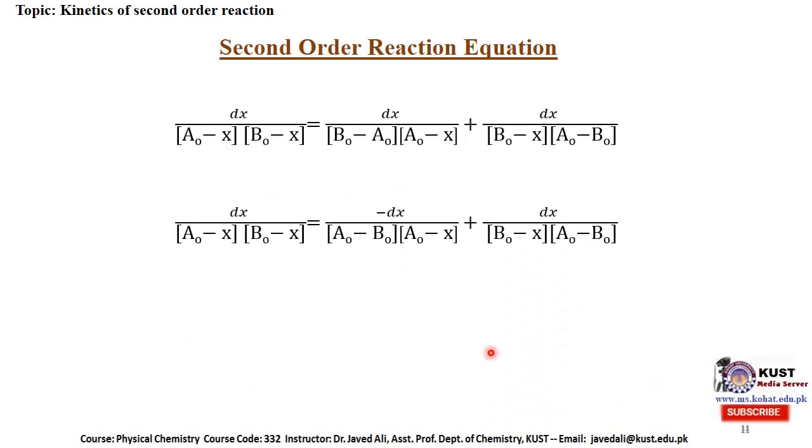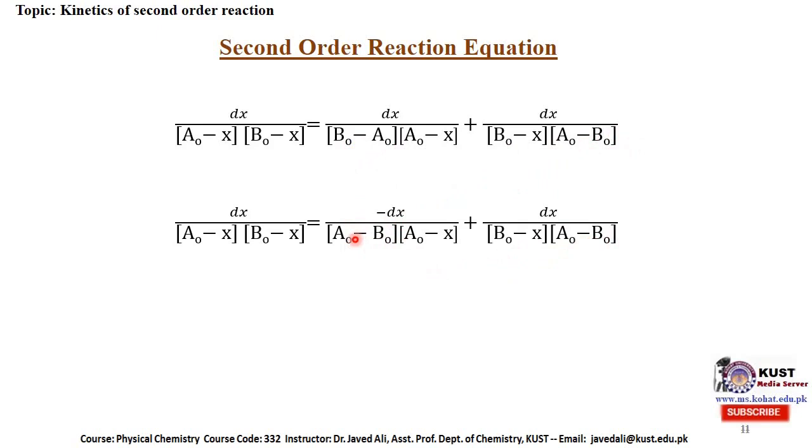Now we can rearrange b₀ − a₀ to a₀ − b₀, because here there is also a₀ − b₀, and if we rearrange b₀ to a₀, we can take a₀ − b₀ common from both terms.